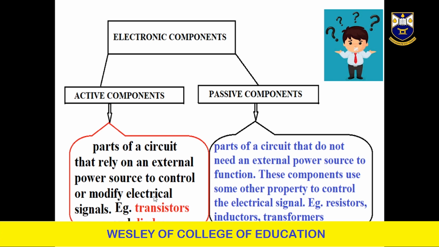Now when you look at the passive components, they are parts of a circuit that do not need an external power source to function. These components use some other property to control the electrical signal. Examples: resistors, inductors, and transformers.